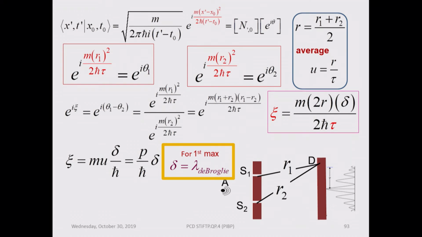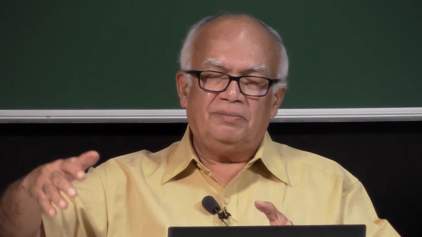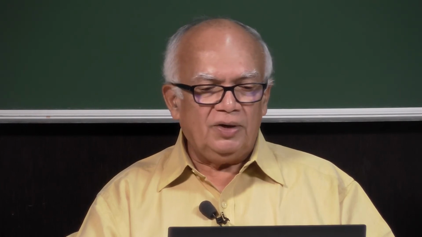And you can think of this interference as coming in terms of the de Broglie path difference being either an integral or half integral multiple of the de Broglie wavelength. Okay?